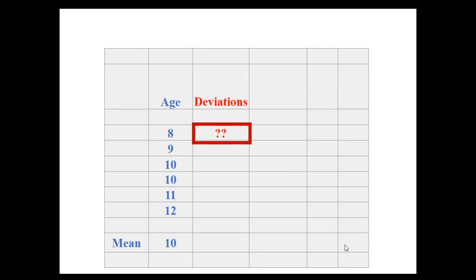Before we ever go a step further, we know that the deviation is going to be negative because 8, the raw score, is less than the mean, 10. And if a score is less than the mean, then its deviation is always negative. So what is the deviation?